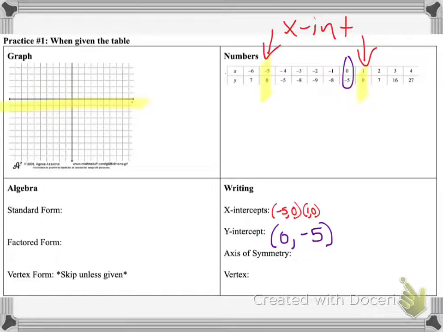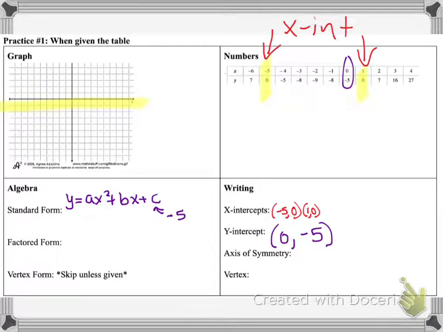Where have I seen my y-intercept? I have seen that at the end of my standard form. Therefore, my standard form, I know it's in the form of ax squared plus bx plus c. That means that c value is going to be a -5.